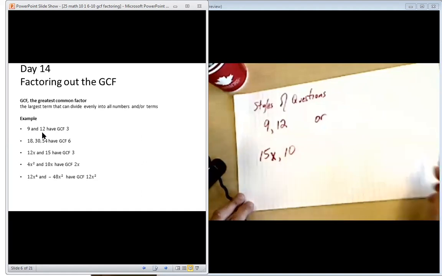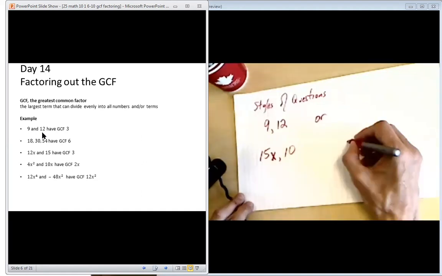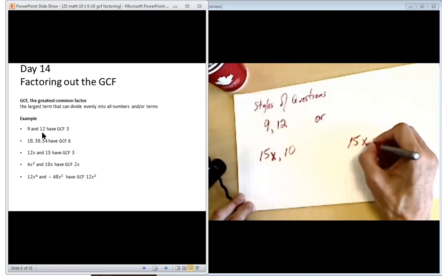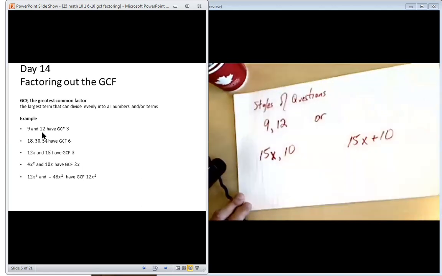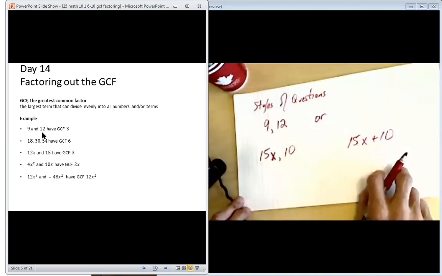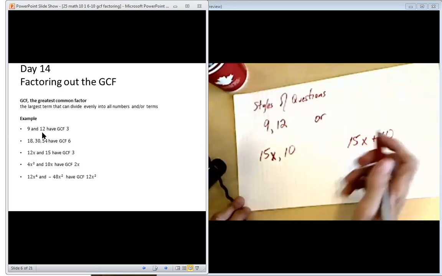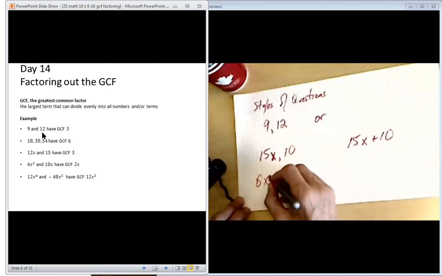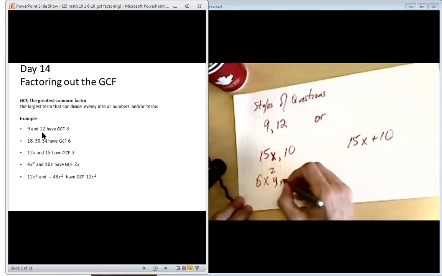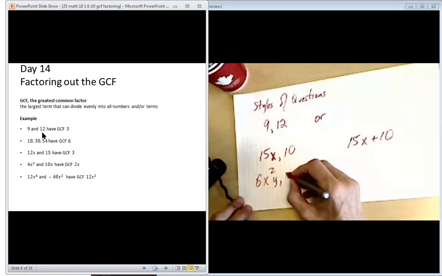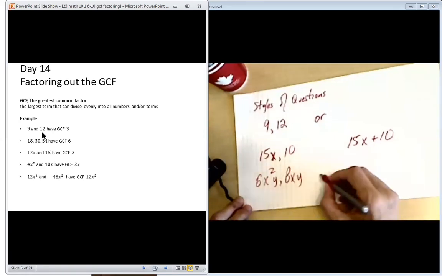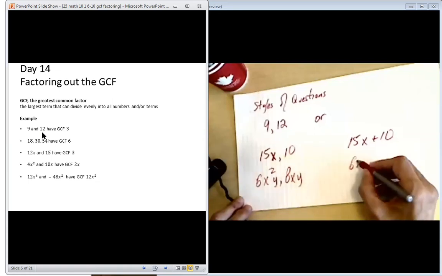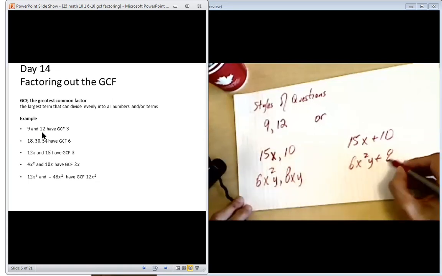Now, there's another version where you'll have them written all in one expression, 15x plus 10, not a comma. You might have 6x squared y and 8xy, or you'll have 6x squared y plus 8xy.